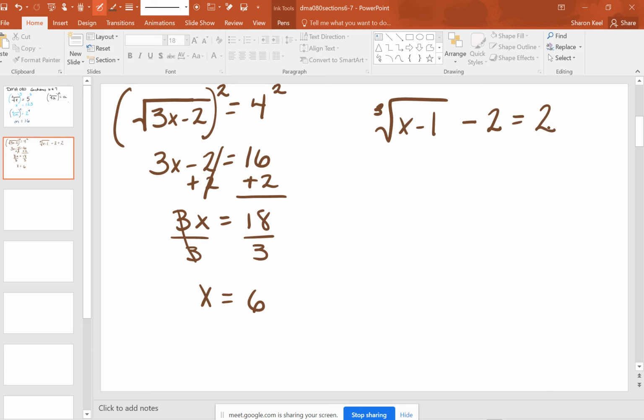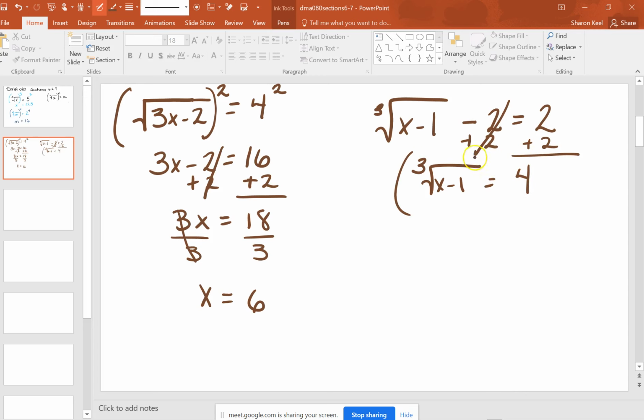So in this equation, we happen to see that here's our radical, but there's still also something else here. Before I can cube this side, I need to move that 2 to the other side. I don't want to use the radical until I've moved it over. So now I've got the cubed root of x minus 1 is equal to 2 plus 2, which is 4.